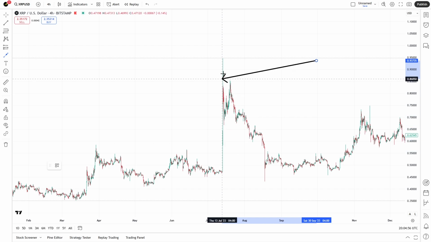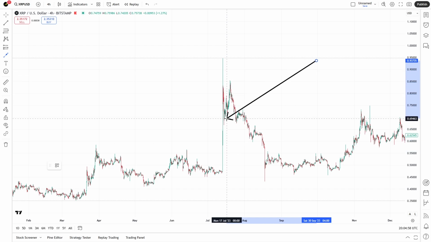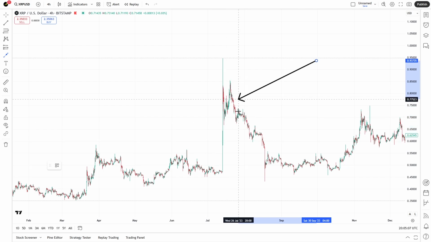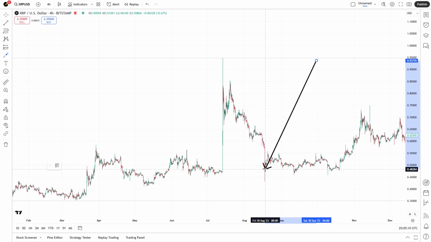Now, this move up was the result of the good news from the SEC versus Ripple case, where XRP was deemed to be not a security. As you can see, it shoots up and then slowly winds down back to where it started, and in this case, even below.